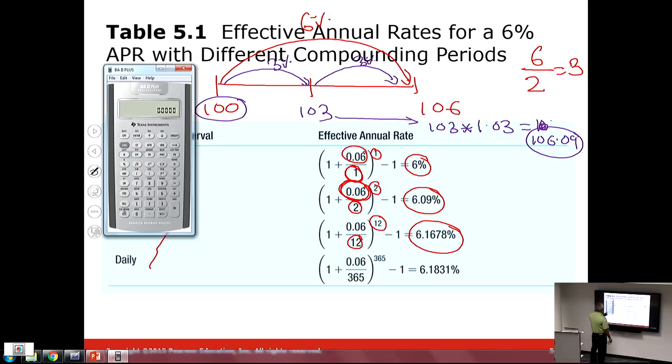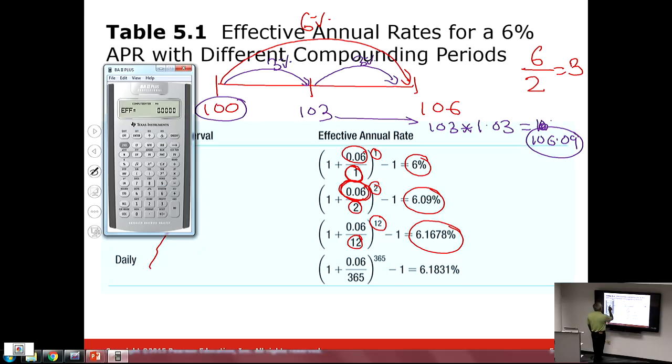Another way in which I could have calculated that is to use this function in the financial calculator called iConvert. So I do second and the number 2 key. Then I do a second clear work to clear out whatever previous calculations I had. Now I'm going to enter my nominal value, which is my APR of 6%. Enter.